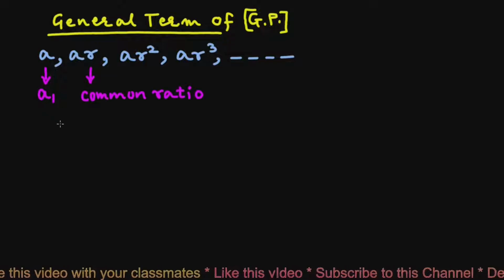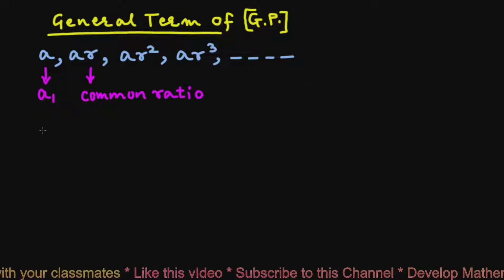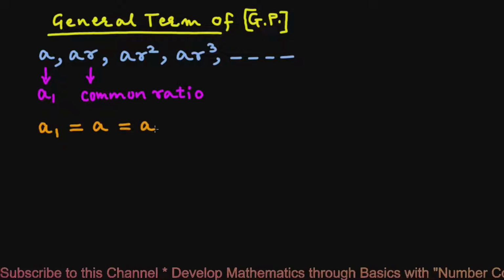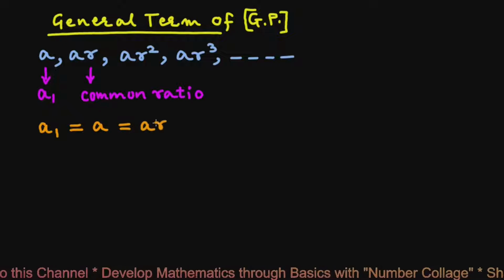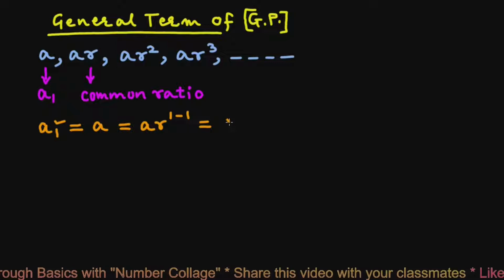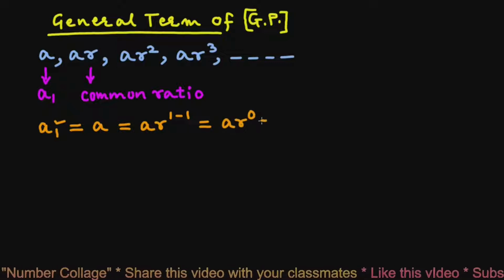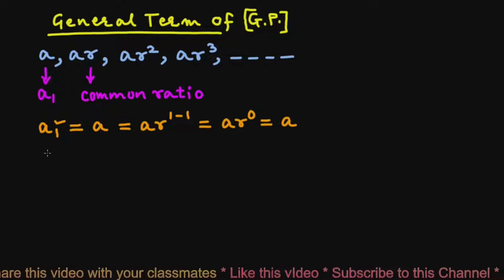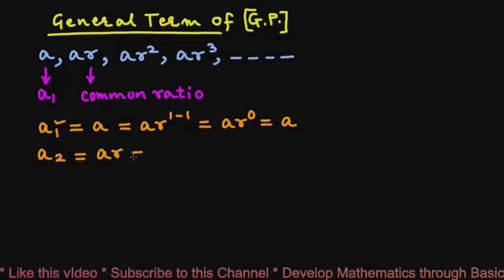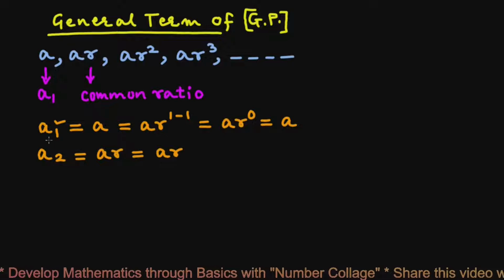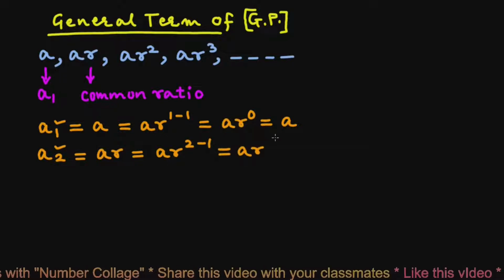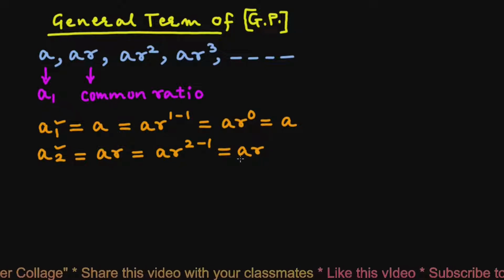Now we write the terms in this GP as a_1 equals a, which we write in terms of r as ar to the power 1 minus 1, that will be ar to the power 0, that is a. We write a_2 equals ar, that is ar to the power 2 minus 1, that will be ar to the power 1, or simply ar.